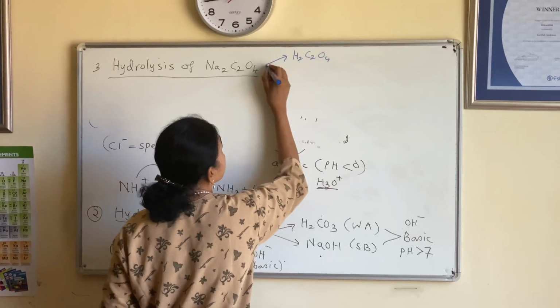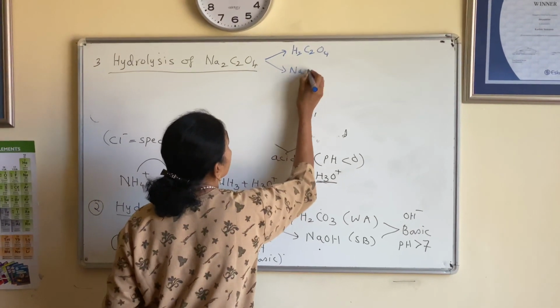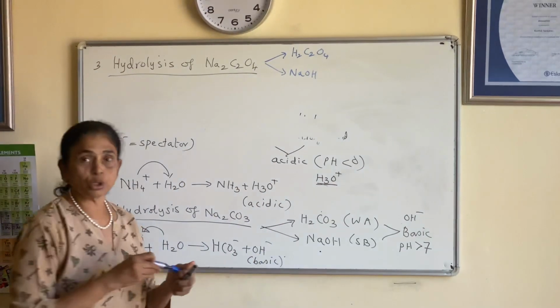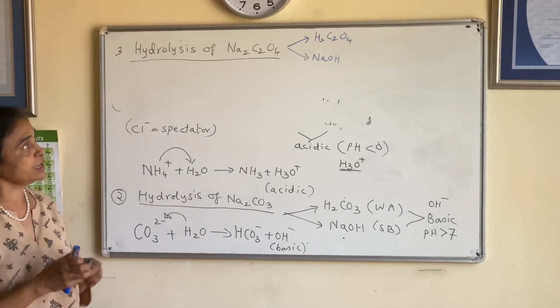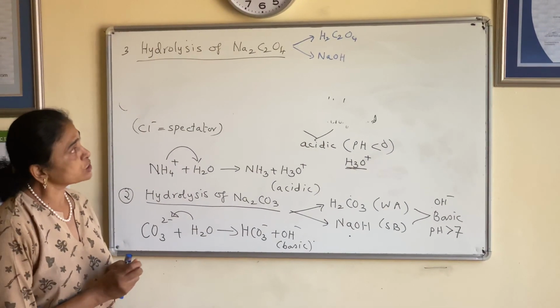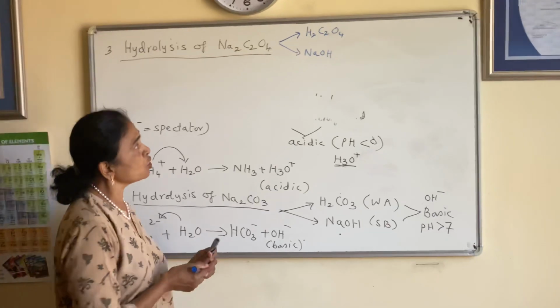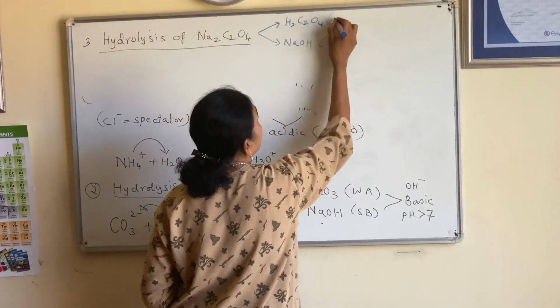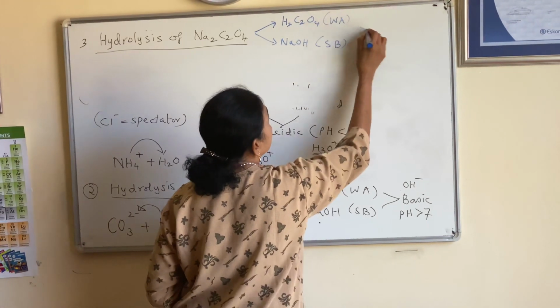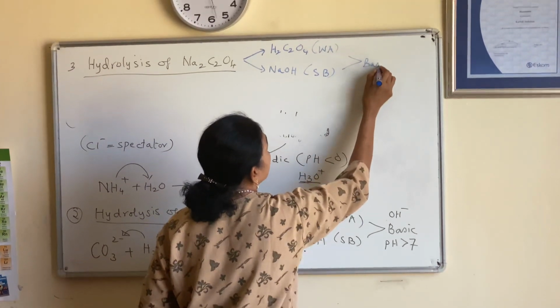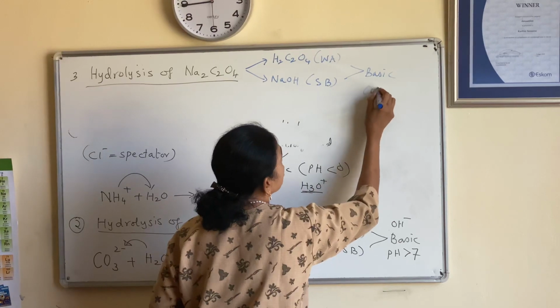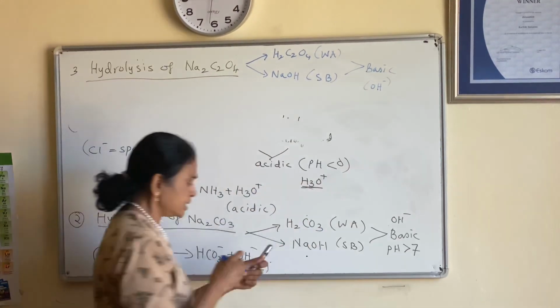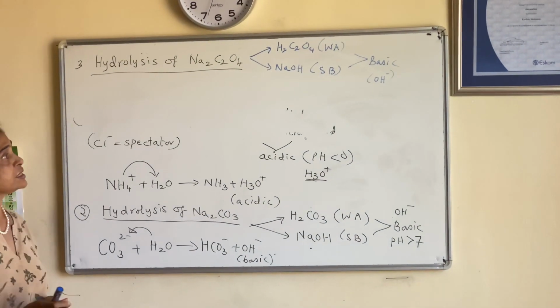And what is the base here? Sodium hydroxide. So oxalic acid is a weak acid, while sodium hydroxide is a strong base. So strong base, weak acid. What will be the final solution? Basic. That means OH minus, and the pH is greater than 7.